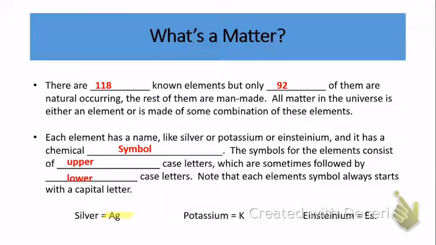Potassium just has a single letter symbol, K, and it is capitalized. Einsteinium also has two letters in its symbol, the capital E and a lowercase s. Now, you're going to become very familiar with the 118 elements that we know of. You're going to learn their names and also their symbols, and we'll talk more about this in class.